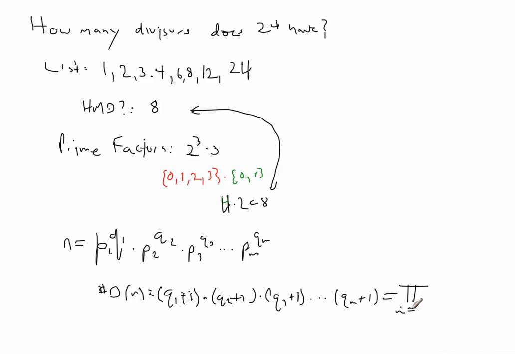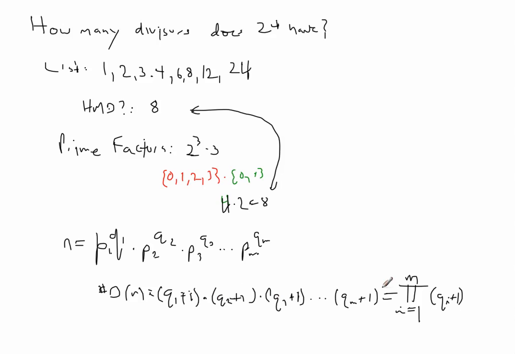It can start wherever it likes, but for our product it's going to start at 1, and it goes up to the highest number, which is m, and as usual it increases by 1. So instead of adding all of the terms, you just multiply all the terms. What we're going to multiply is q sub i plus 1. All right, so that is our formula for the number of divisors of a particular number n.